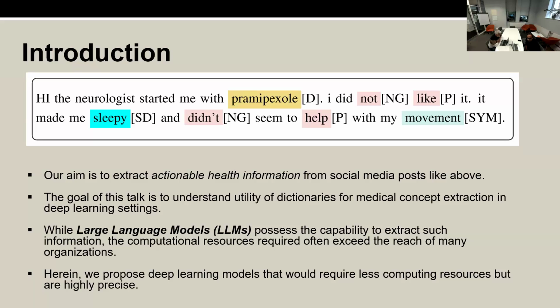NZ means it's a negative. By the way, these are all annotations. I did not like it. P means positive, but it is not positive because there is a not. So it made me sleepy, which is a side effect, and did not seem to help with my movement. That is the target symptom that this medicine was actually taken for.